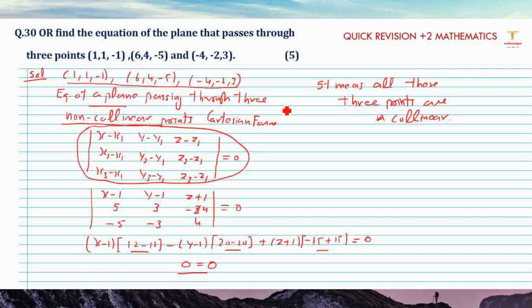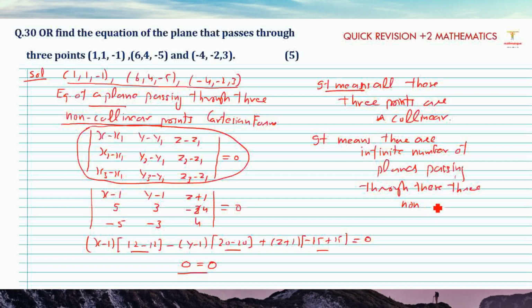It means there are infinite planes, an infinite number of planes passing through these 3 collinear points.